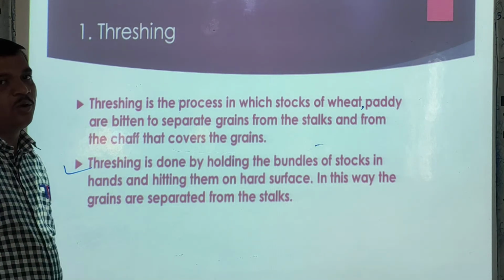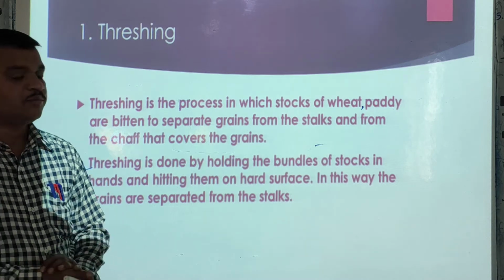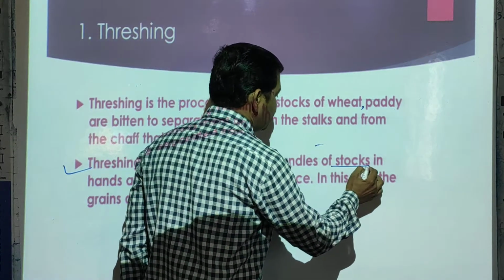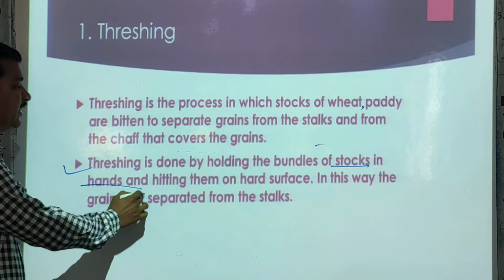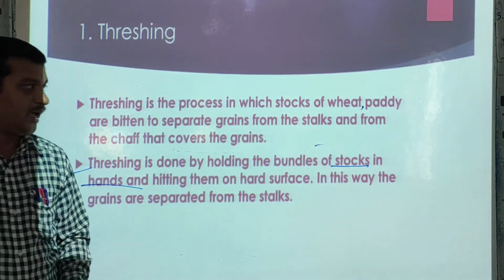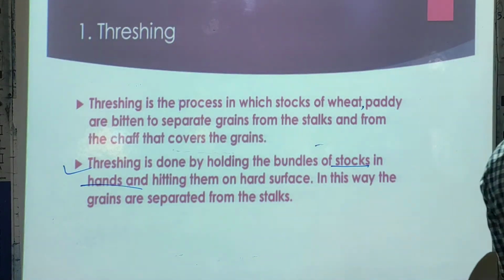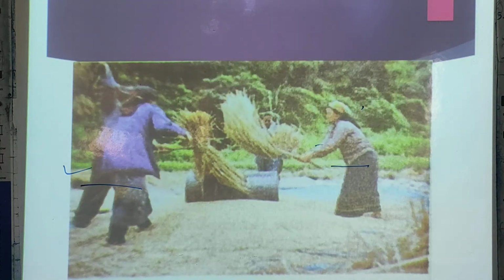Threshing is done by holding the bundles of stalks in hands and hitting them on a hard surface. As you can see in this picture, these two or three ladies are holding a bunch of stalks, it may be jowar stalks or wheat stalks, and they are hitting them on the hard surface.